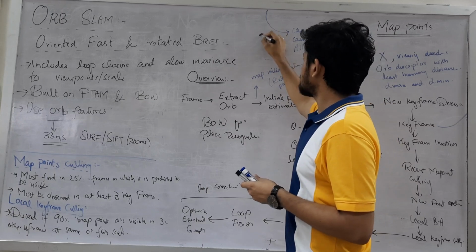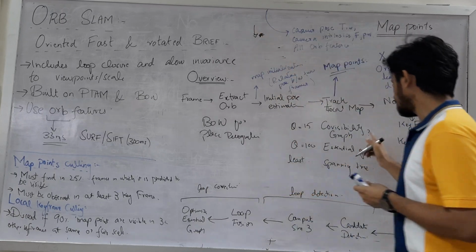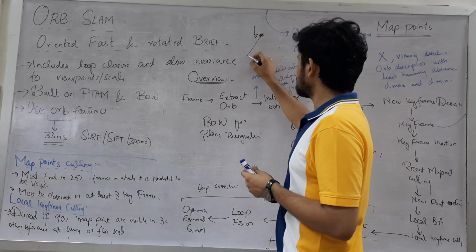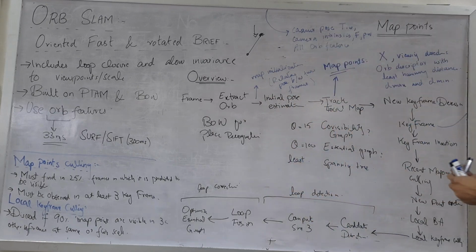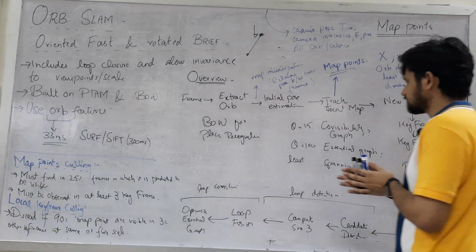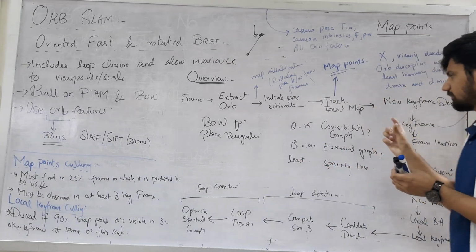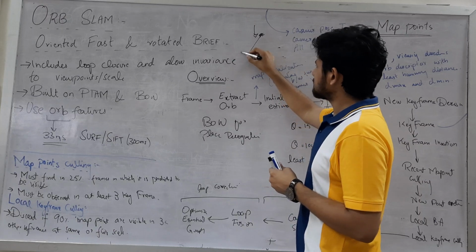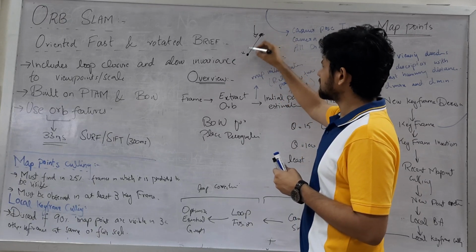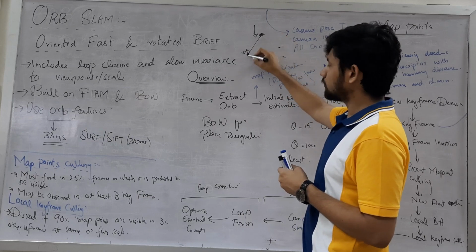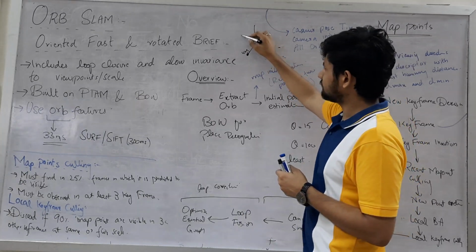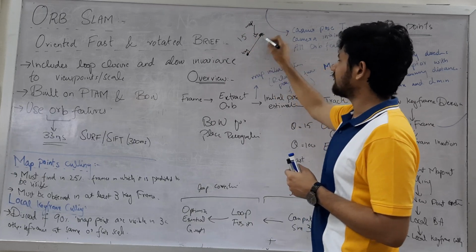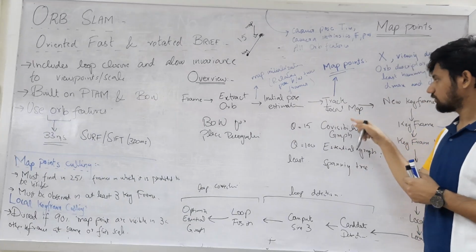Each node in this covisibility graph represents a keyframe, and the edge represents how similar the keyframes are, or let me put it in a simple way. If this keyframe and this keyframe both have at least 15 map points in common, then you will develop an edge between them in the covisibility graph.